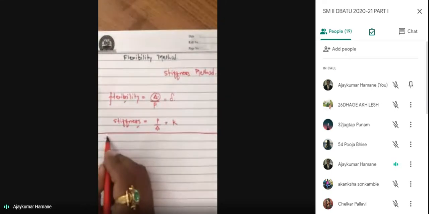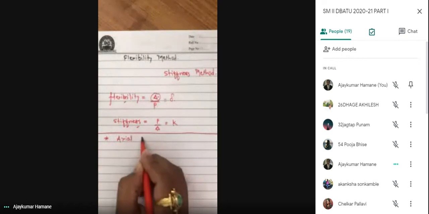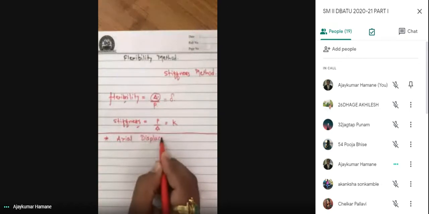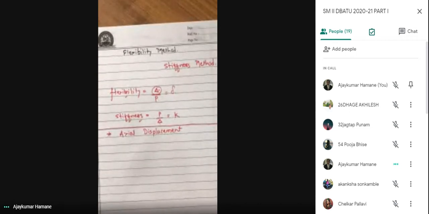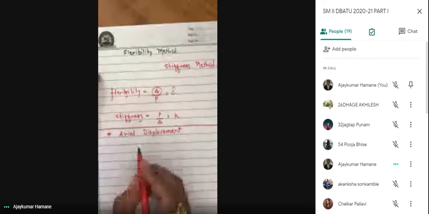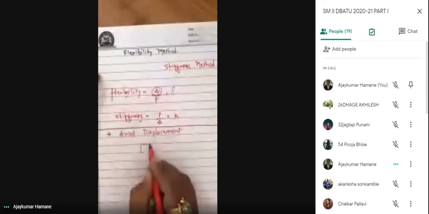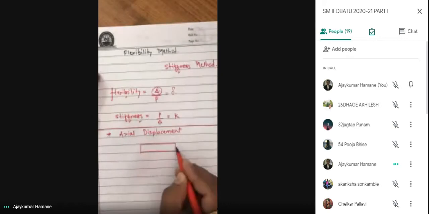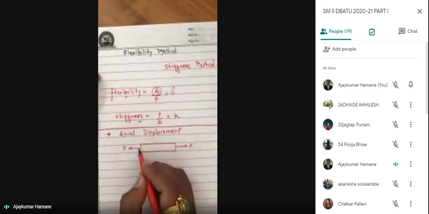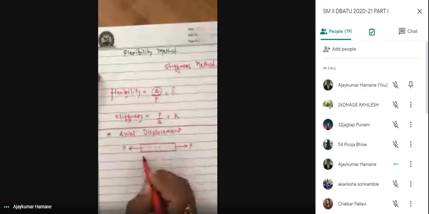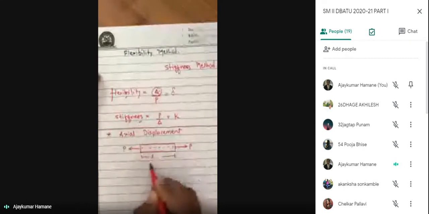First we'll take the axial displacement. That means force is applied axially along the member, L is the length of the member, and A is the area of the cross section.